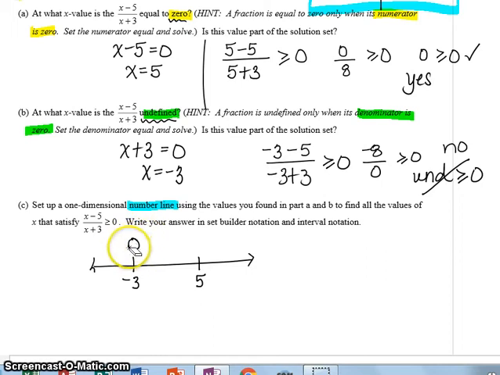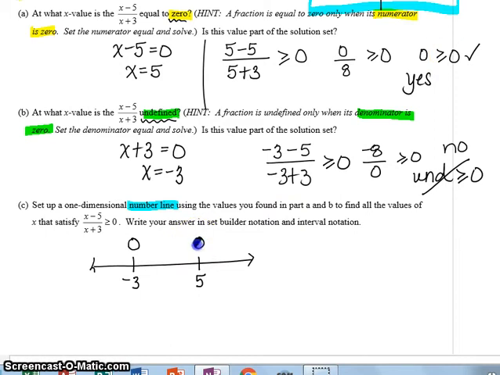So undefined is always an open circle. It's not included. And then the rest, we're doing test values, guys. So you're literally going to plug in 5 and see if it works. It did. Why did it work? Because when we plugged in 5, it was included. Why? Because you got 0 was greater than or equal to 0. That one's included. That one gets shaded.